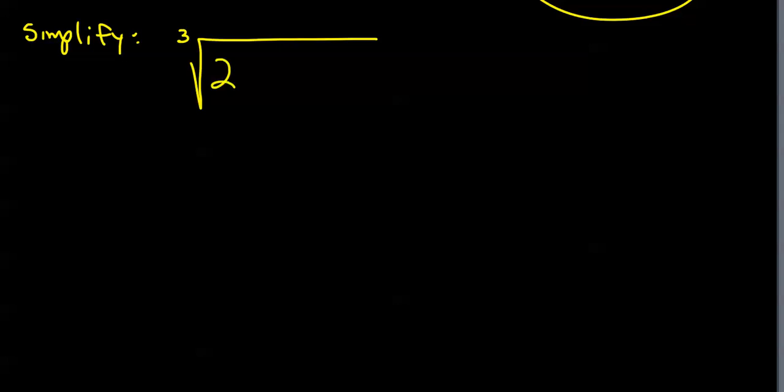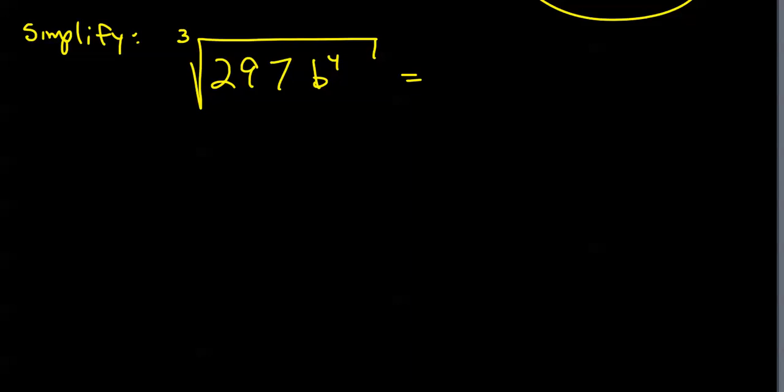Let's try something a little nastier, let's say simplify the third root of 297 times b to the 4th power. Alright, so I've got numbers and variables involved in the root sign and a higher order root, a third root now.